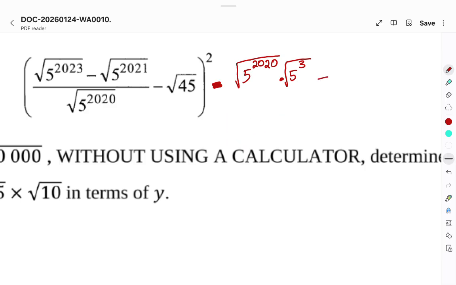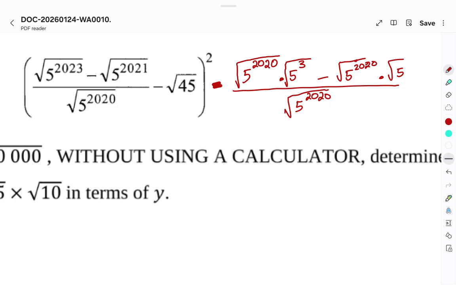Then you say minus, I'm creating a root of 2020, and it is multiplied by the 5, and this is over the 5. This is going to be 5 root 2020.